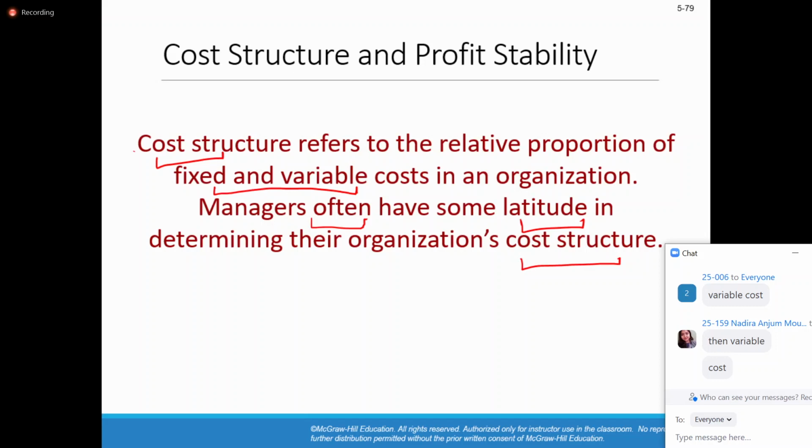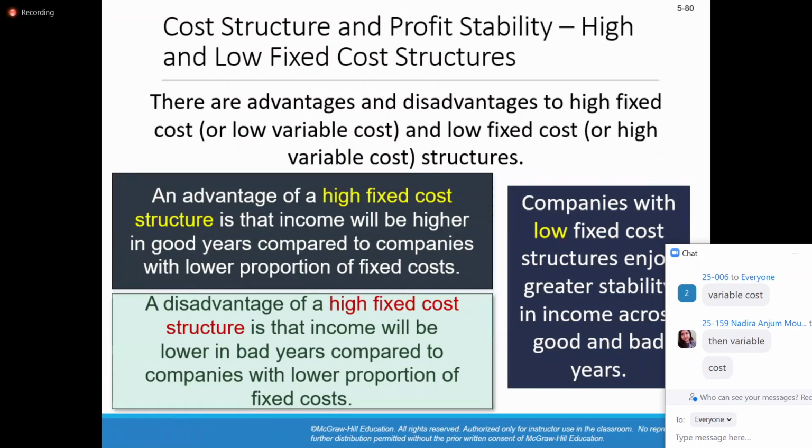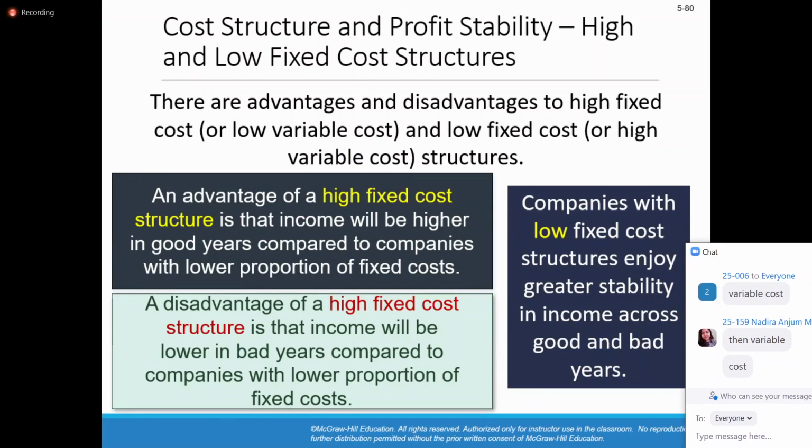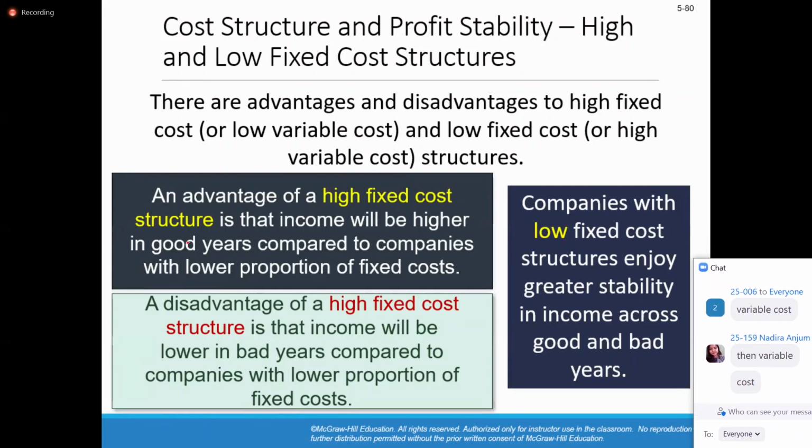Okay, so let's make a summary of what we have learned. When you have a higher fixed cost, it is good in good years compared to those companies who have a lower proportion of fixed cost. Remember, it is good in good years. But when you have a high fixed cost, this is not good when the years are bad.